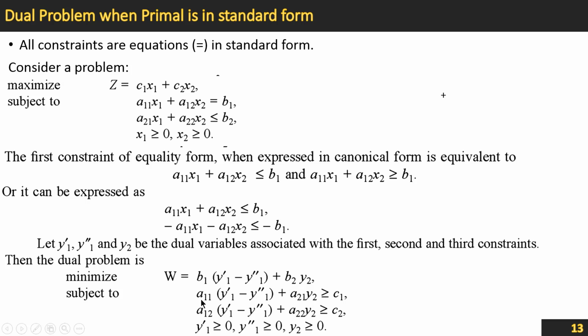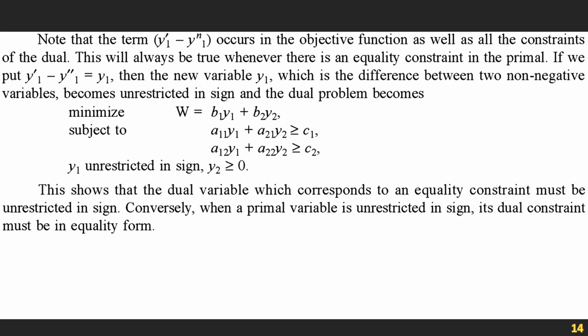Similarly, a11 and a12 have become a column here, whereas they were in a row. So like that we have to convert this one. So understood?